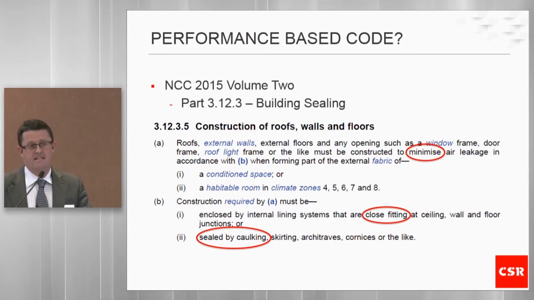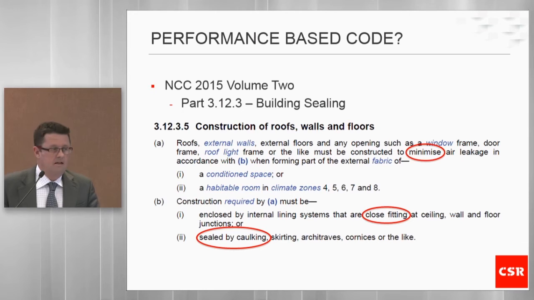And I'd say that as an architect practicing in New South Wales, I've never seen any of that done. I've never seen your internal layers sealed, and I've never seen sealing around skirtings and architraves. Probably there is a bit of sealing around cornices, because we tend to install cornices with cornice cement, and the method in which it's applied tends to seal that joint. But apart from that, I really don't see a lot of sealing happening in buildings.